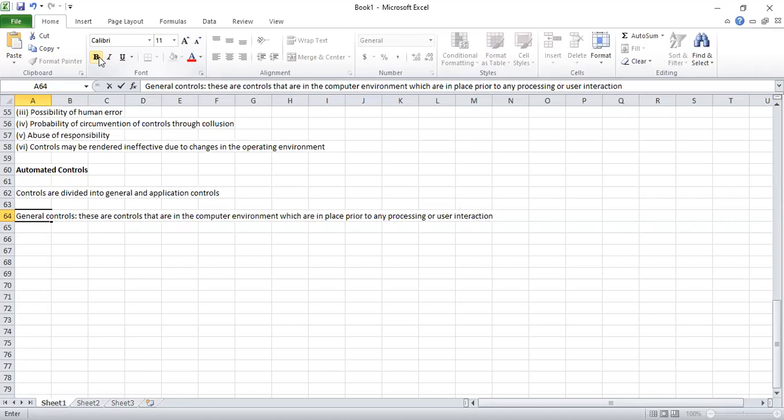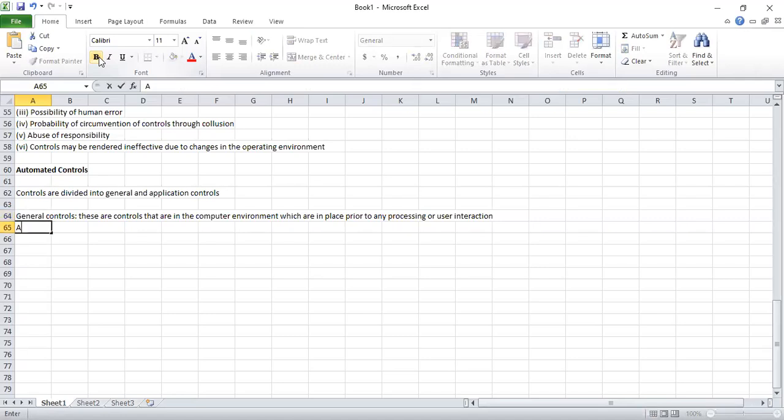They are sort of inbuilt. Our structures have those controls already. They are already there before we even talk about doing anything in the system. Before you think about doing the asset register which you are maintaining, there are controls which you have already put in place. There are things that you can't alter.